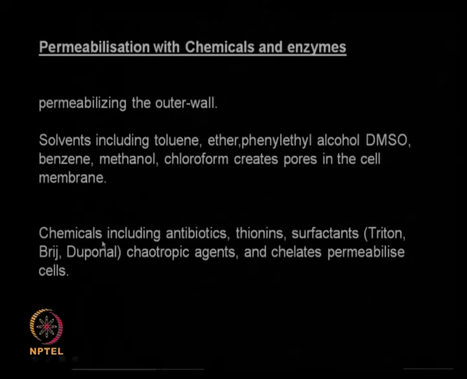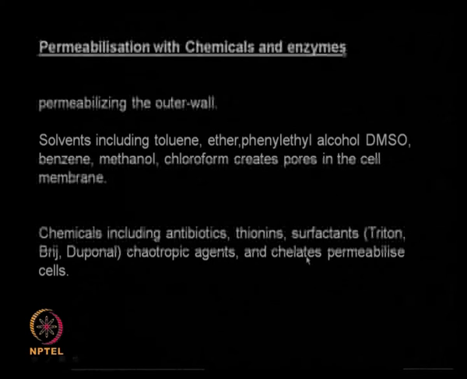Just like solvents, we can also use chemicals to permeabilize the cell walls. We can use antibiotics, thioanins, some sulfur based compounds, and surfactants. Anionic surfactants and cationic surfactants can be used, and these surfactants can bind to the charged groups available on the cell wall and disturb the cell wall integrity, thereby breaking it and allowing the intracellular material to come out.